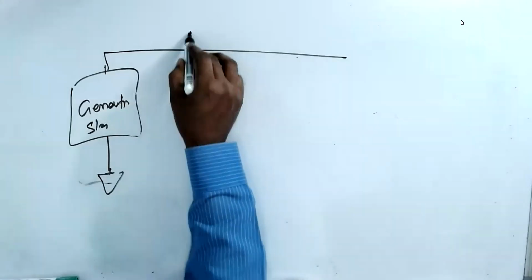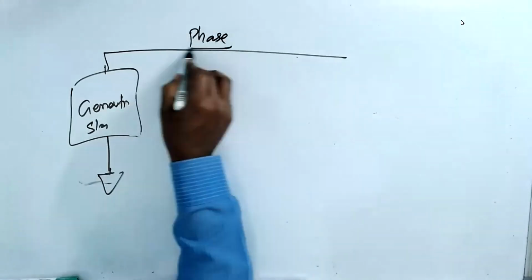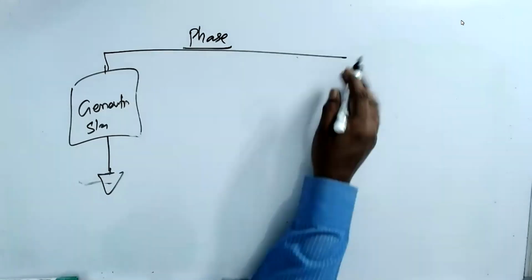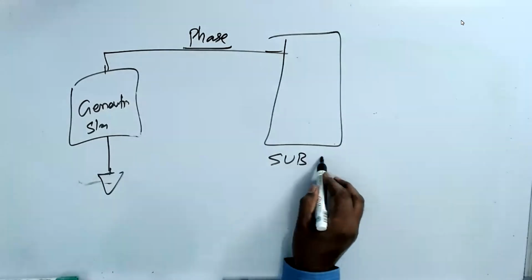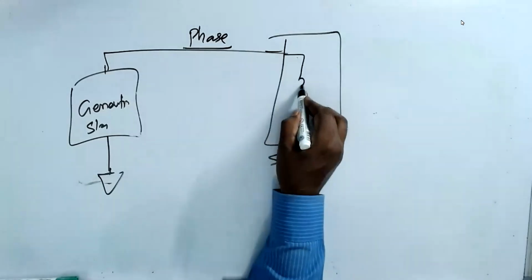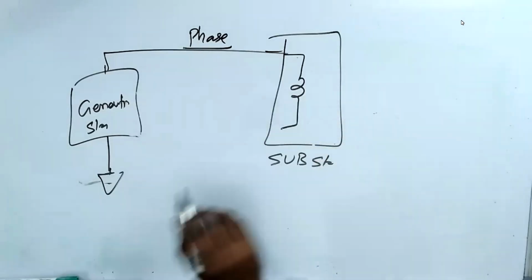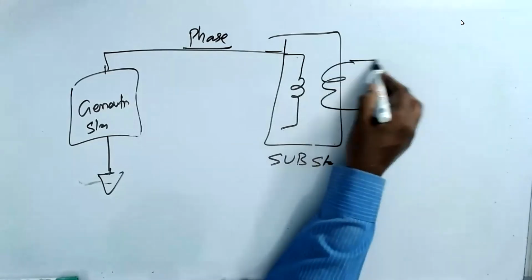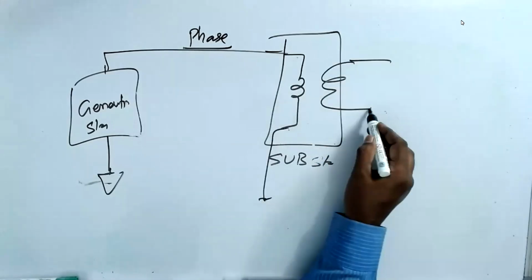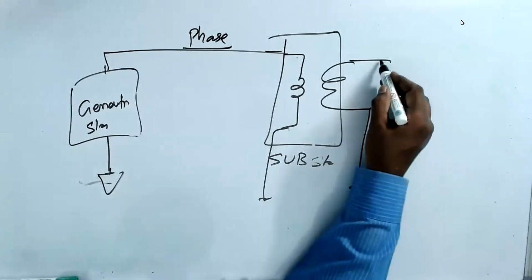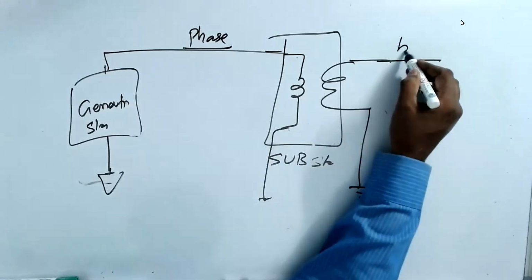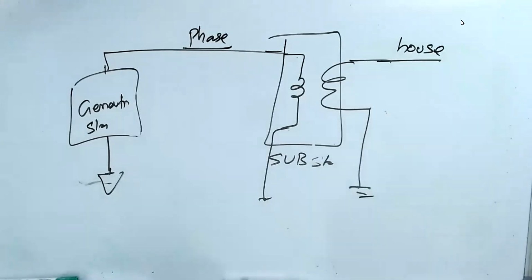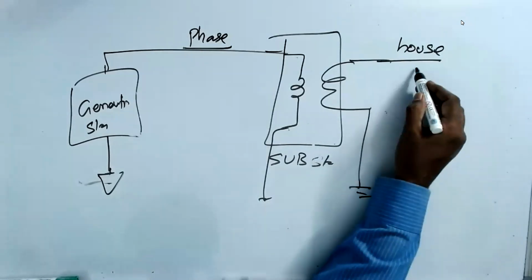This is called phase. And in your substation, there's a transformer. This one, they ground it. And this they give to your house. Your house, this is called phase.